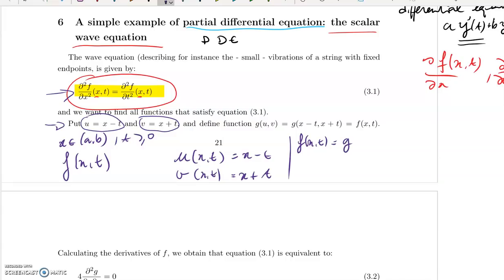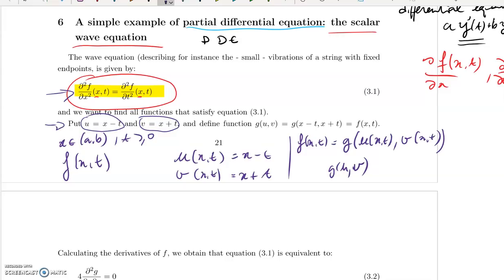I can say that it's going to be equivalent to a function that depends on u and v, where u depends on x, t, and v depends on x, t, as we've just written before. And so that's a function g of u, v.